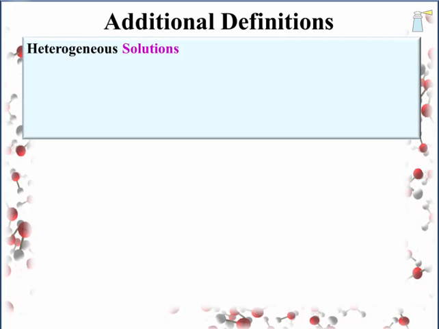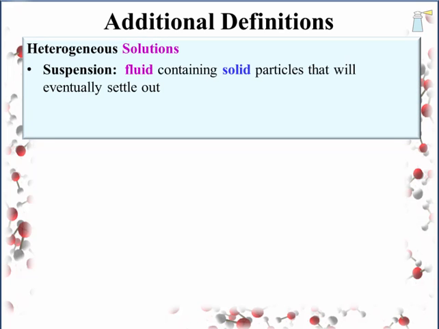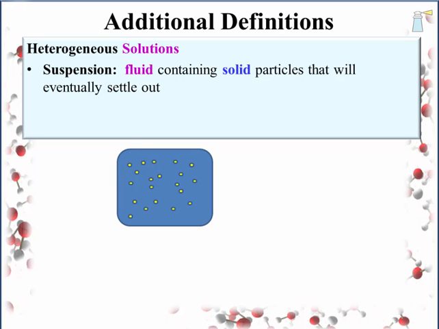These definitions represent a broadening of the previous definition that has a solution as a homogeneous mixture of two or more pure substances. There are two important kinds of solutions that are not homogeneous mixtures that fall under the heading heterogeneous solutions. The first one is a suspension, that is a fluid containing solid particles that will eventually settle out. Consider this cartoon representation of the solution that has particles, colored as yellow dots, that are distributed throughout the solution.